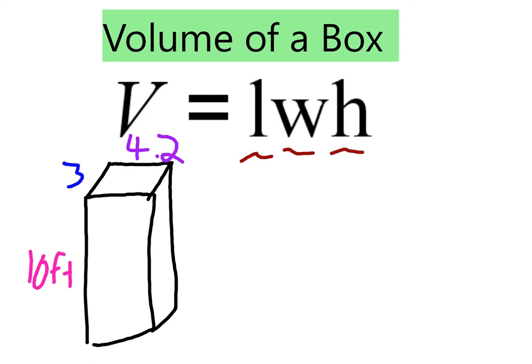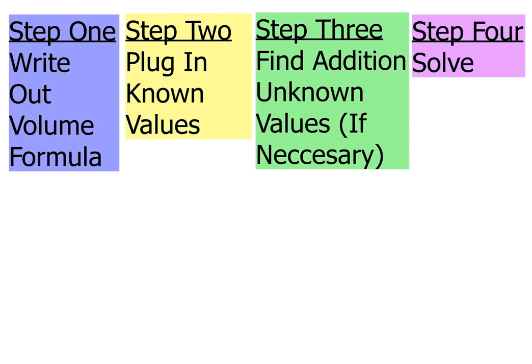All right. I do have some steps I can show you guys. The steps are almost the same as yesterday. For all volume problems, at least the basic ones, you're going to do these 4 steps. Once you write the volume formula out, you plug in what you know. Sometimes you have to find an additional unknown.